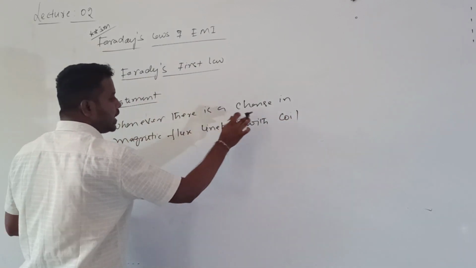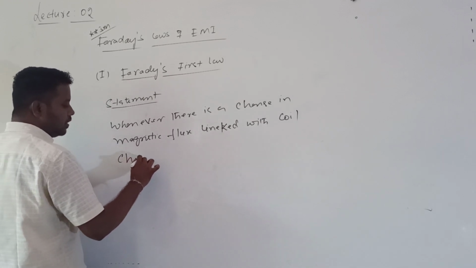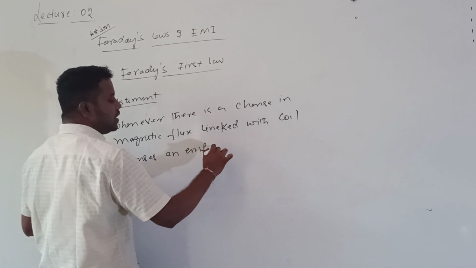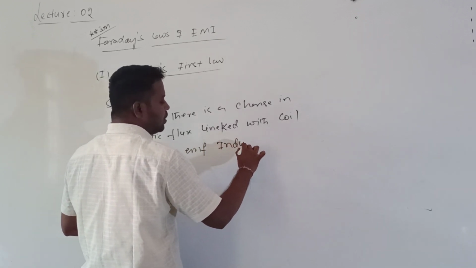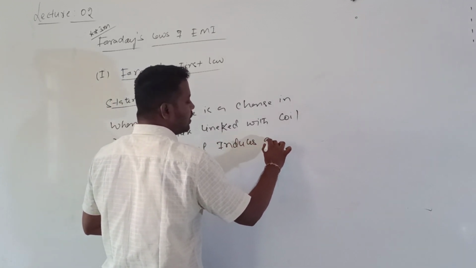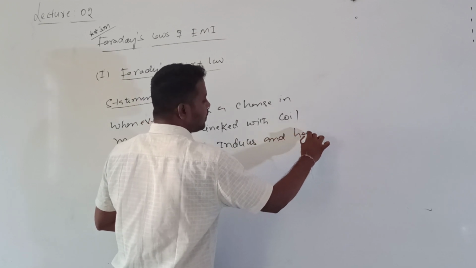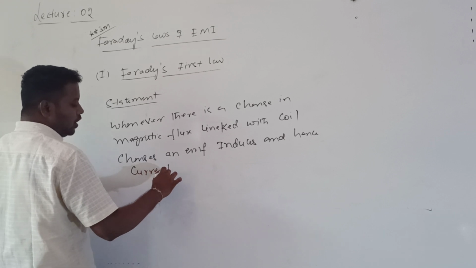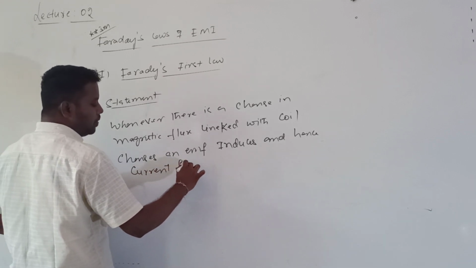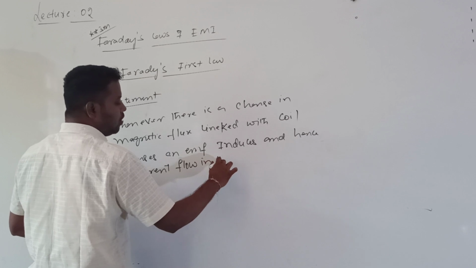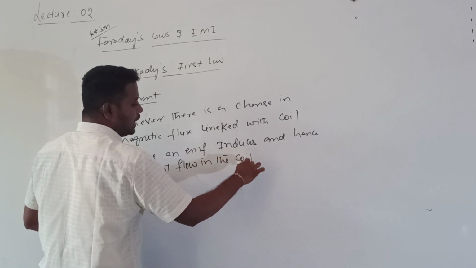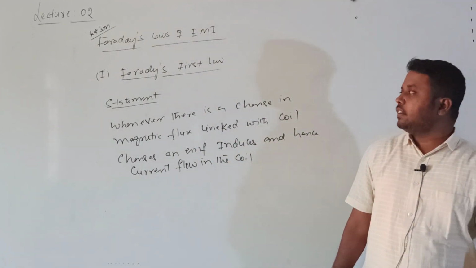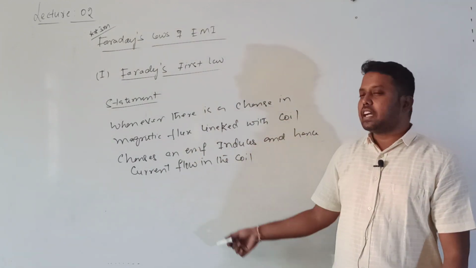When the magnetic flux linked with a coil changes, an EMF is induced, and hence current will flow in that loop or coil. That current is called induced current.